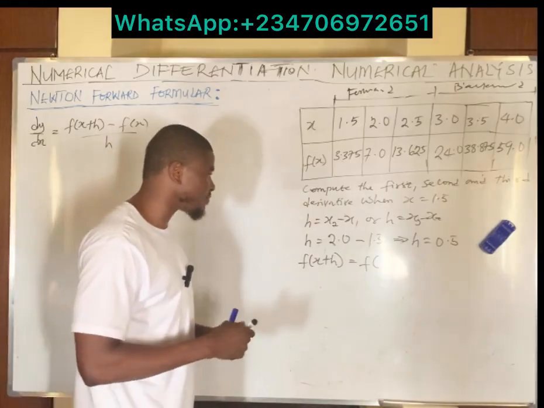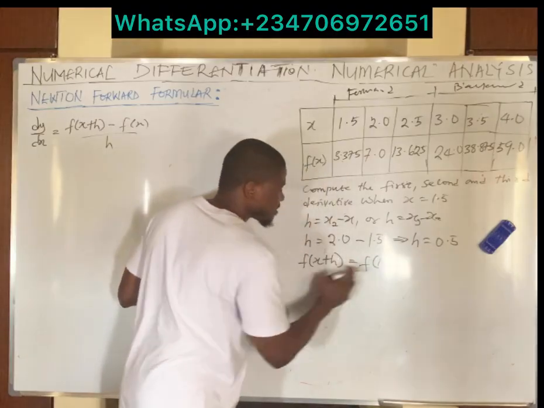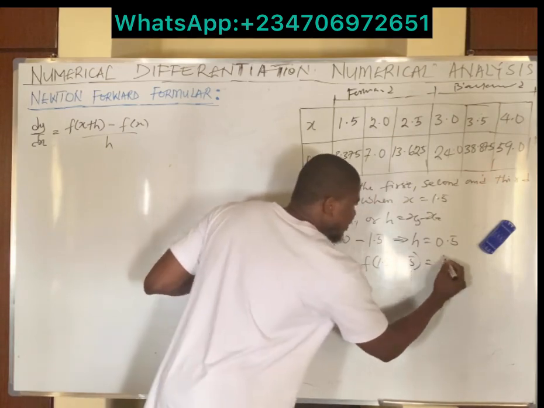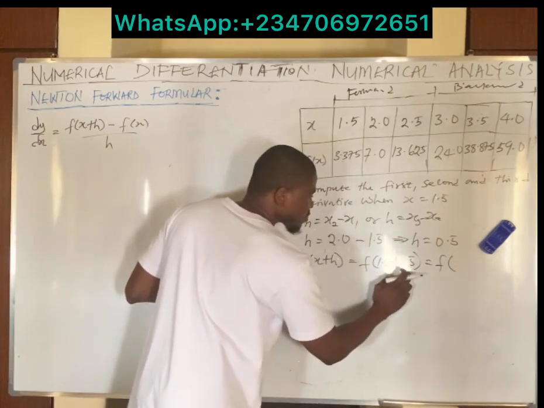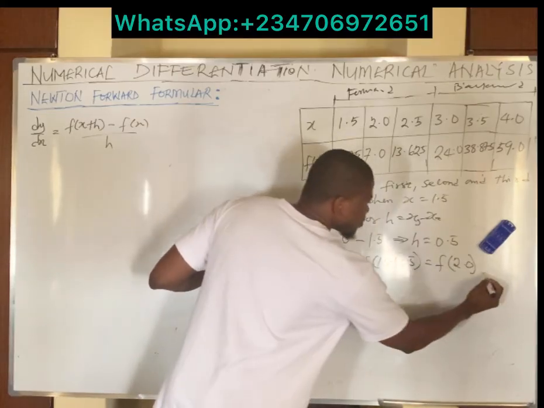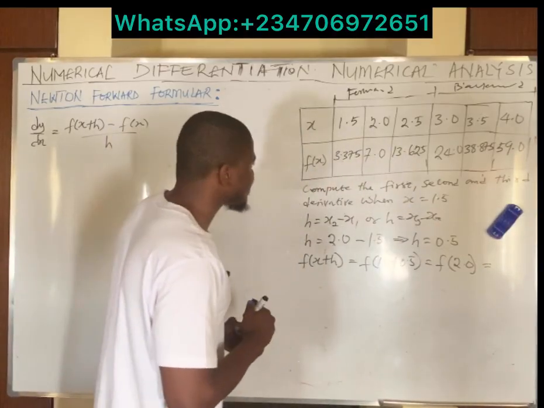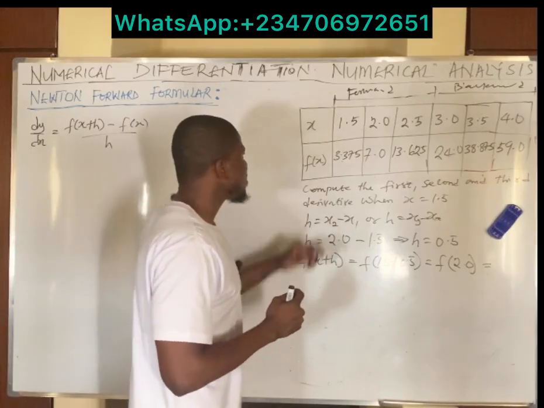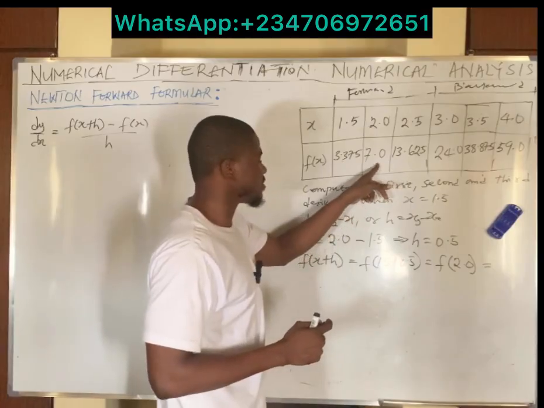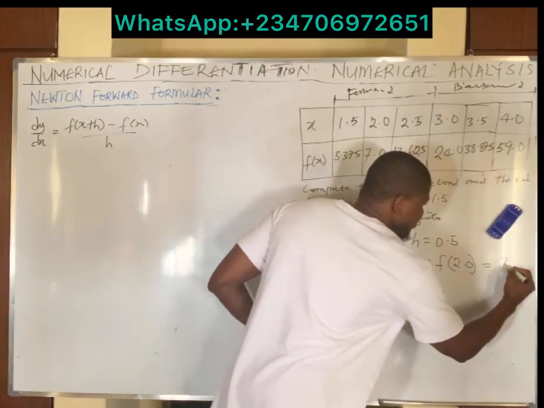So x is simply 1.5, and we put it down: 1.5 plus 0.5, which is h. This gives us f of 1.5 plus 0.5, which is f of 2.0, right? So you now look at the table. What is the value of f of x when x is 2.0? f of x is simply 7.0. So this simply means f of 2.0 equals 7.0.